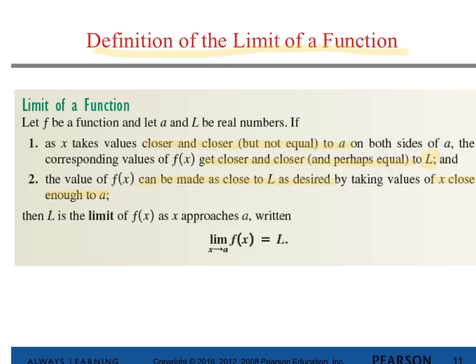And if both of those things happen, then we say that the limit as x approaches a of the function is equal to L. That is the mathematical and calculus definition of a limit.